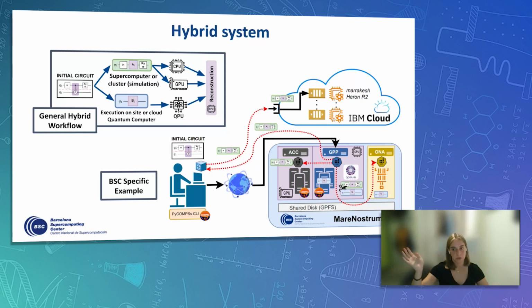It's sent to the IBM cloud, and we also tried it on a Marrakesh GPU, and with all that, everything is regrouped together in the general purpose partition and returned to the user with a final output.